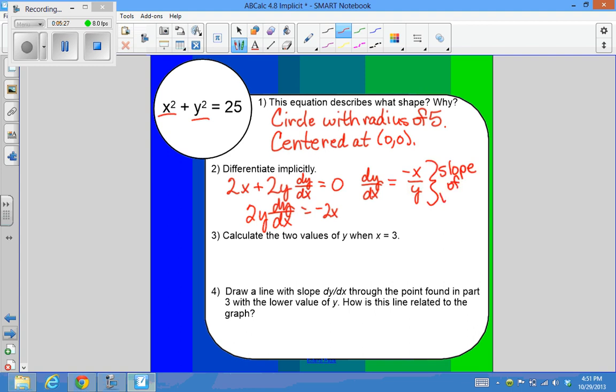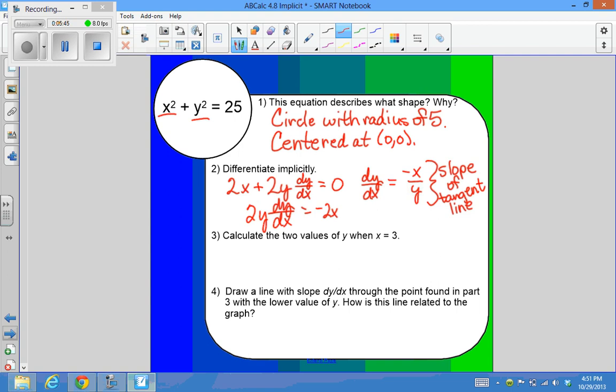It didn't change because we were graphing this or differentiating it implicitly. This is still going to give you the slope of your tangent line. So let's find these two values of y when x is 3, and then we'll be able to see that.